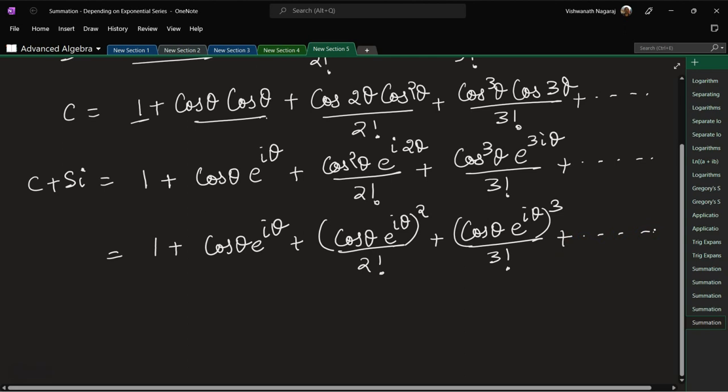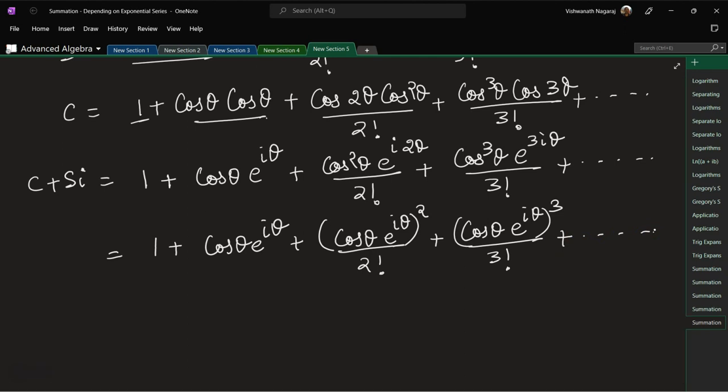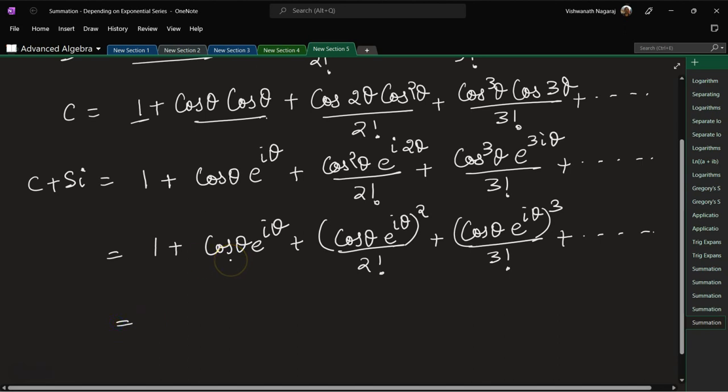Do you recognize this pattern? This is an exponential series, so we know the summation of this. It is going to be e to the power of cos theta times e to the power of i theta. Now this can be written as e to the power of cos theta, and e to the power of i theta can be written as cos theta plus i sin theta.